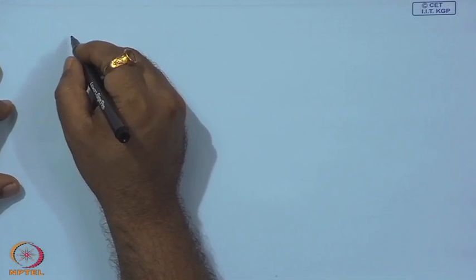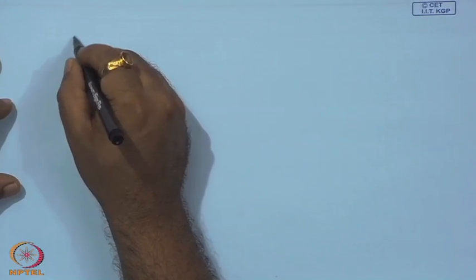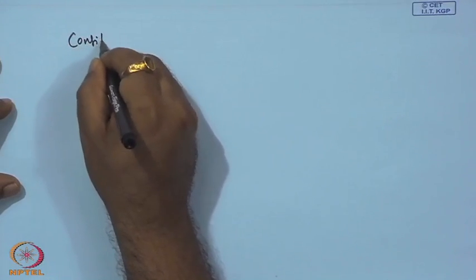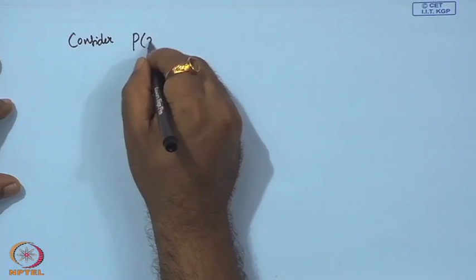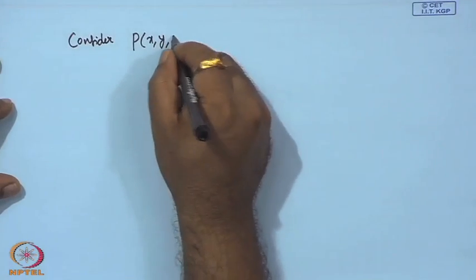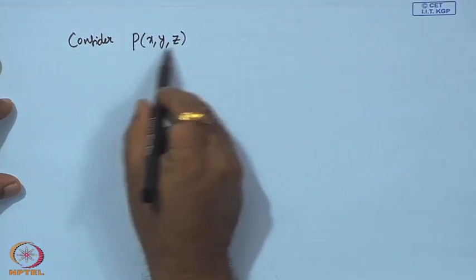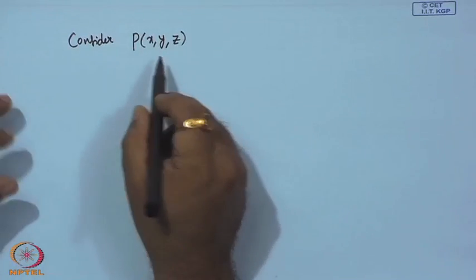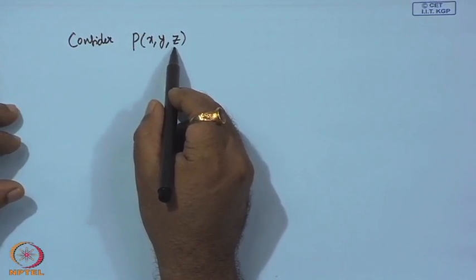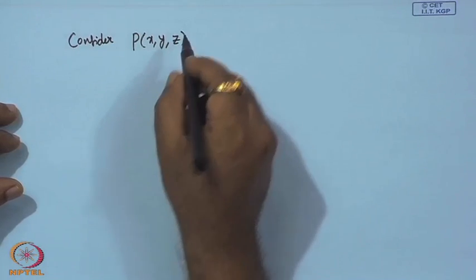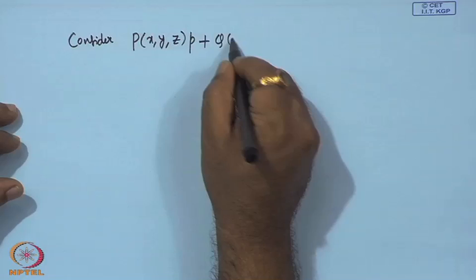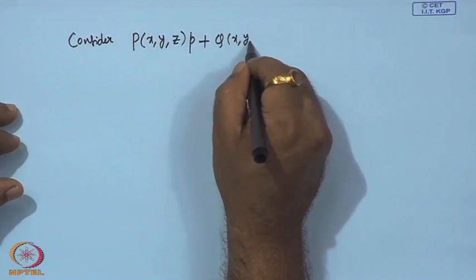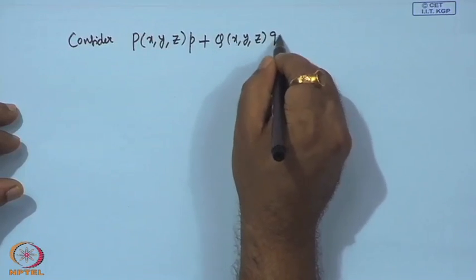So, let us try to understand a little bit about the solution. We can play with the notation as long as we understand. So, I am introducing z. So, this is our dependent variable, p, q.